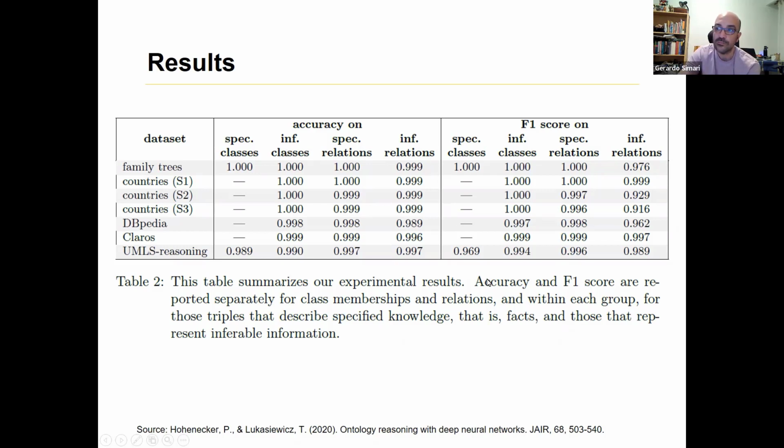So it's a massive success for these tests at least. And the lowest numbers, I think, are here. So for countries, for the S2 and S3 data sets, in the countries relation data set, the inferable relations are the ones that do the most poorly, but they're still very, very good at over 91%.